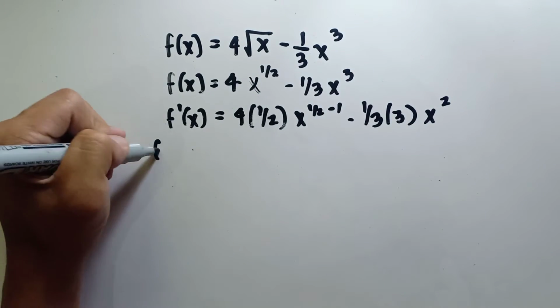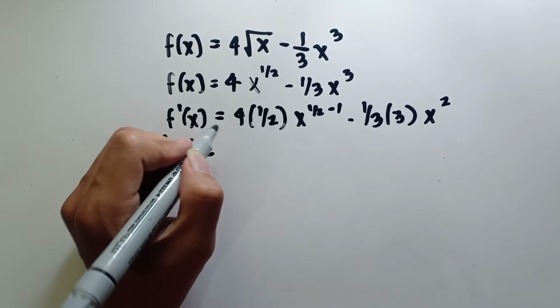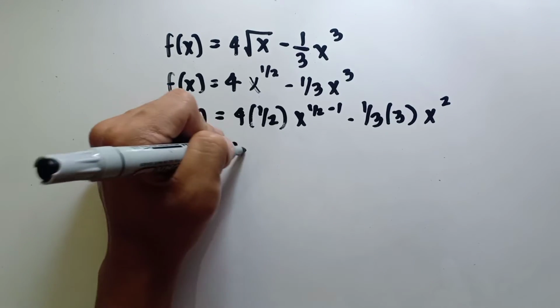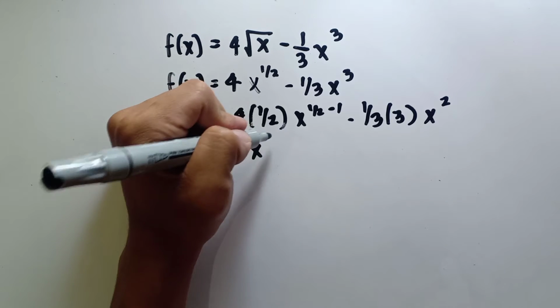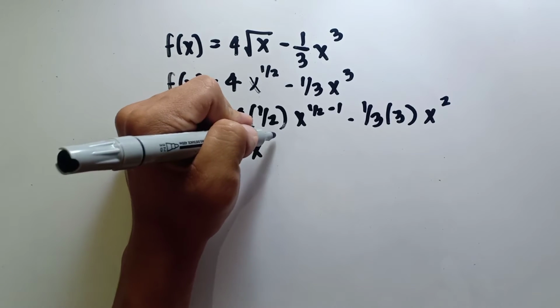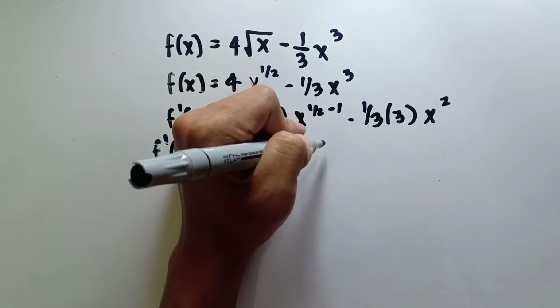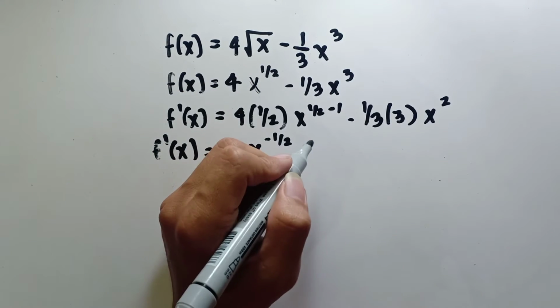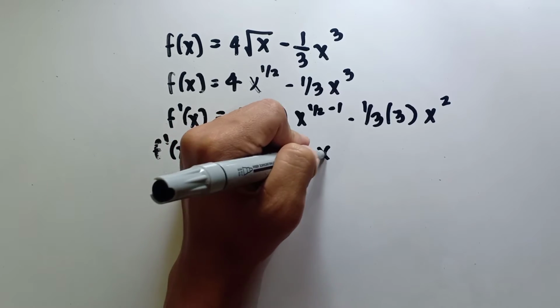So f prime of x is equal to 4. Half of 4 is a 2 multiplied by x. 1 half subtracted by 1 is just a negative 1 half. Subtracted by 1/3, 1/3 multiplied by 3 is just a 1. So we can leave it there.